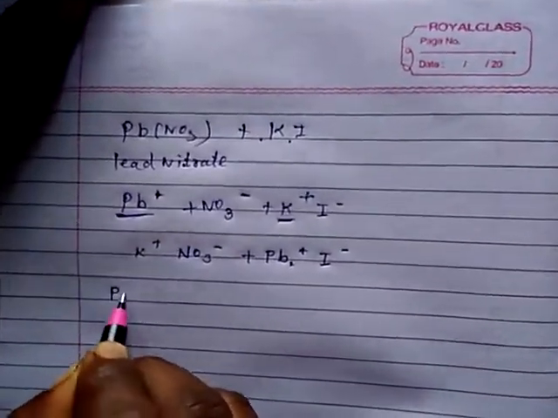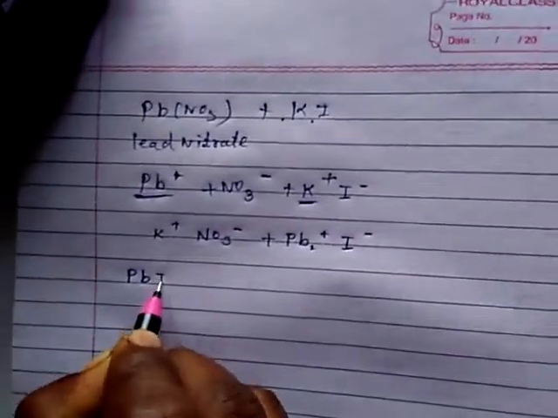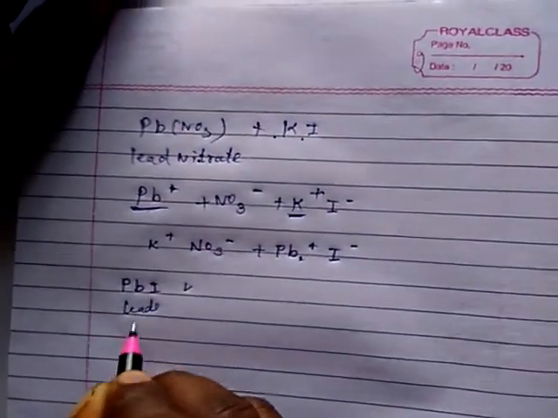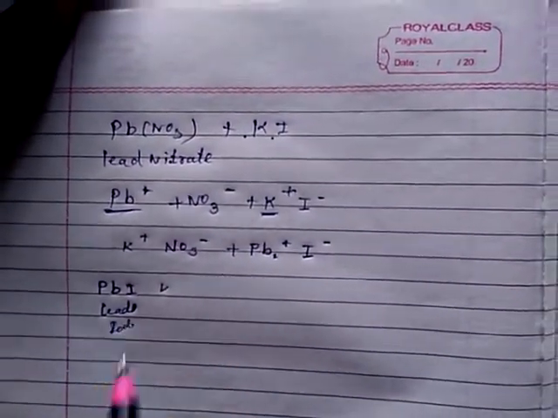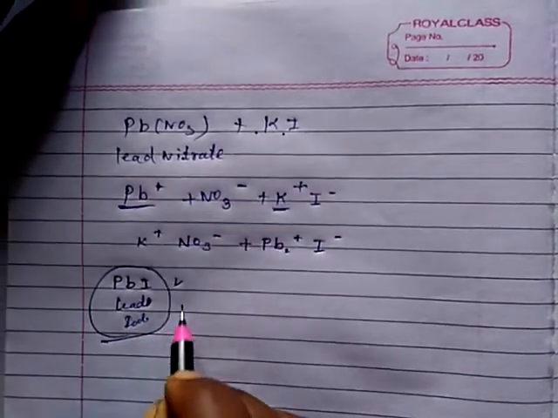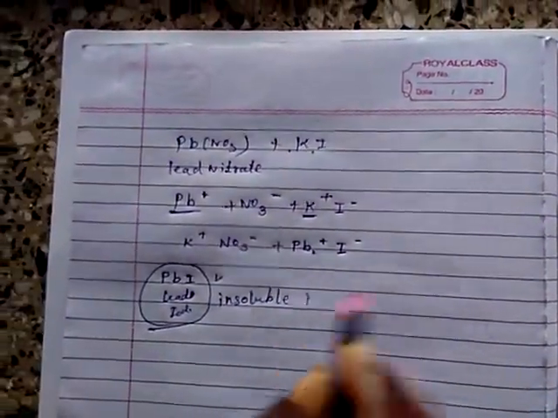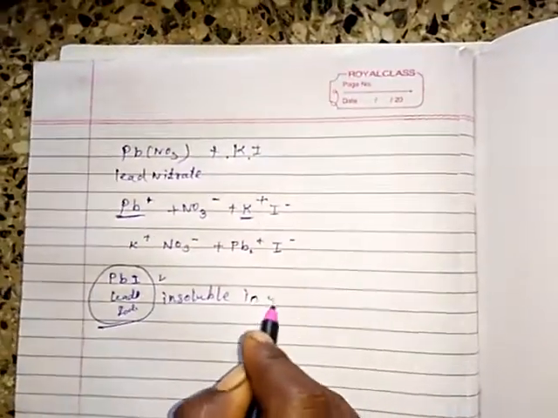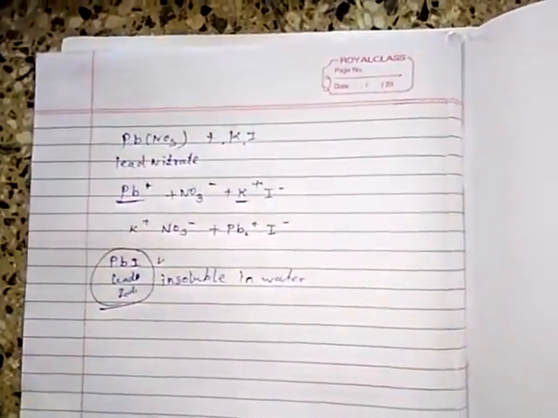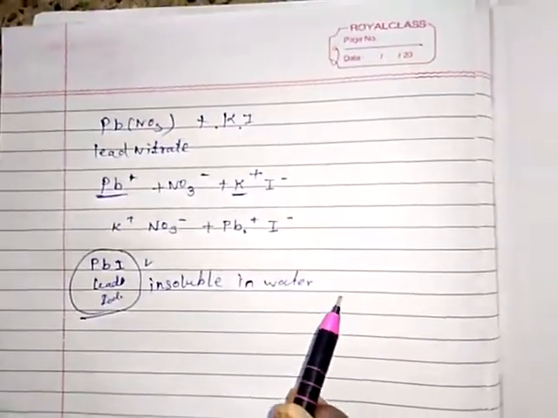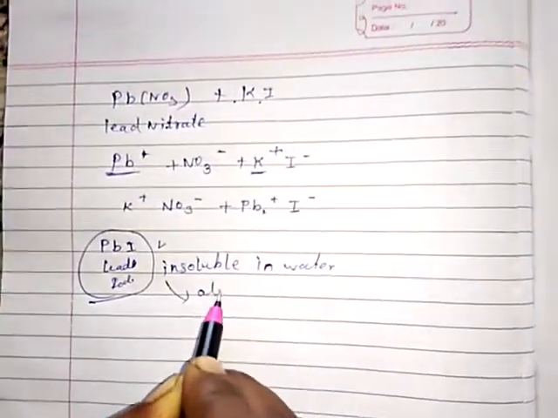Now lead iodide is insoluble in water. It forms a precipitate. It is also called a precipitation reaction.